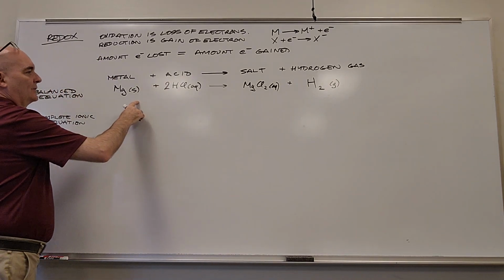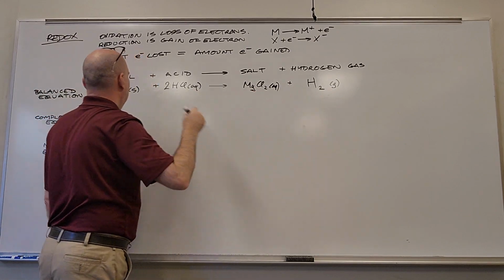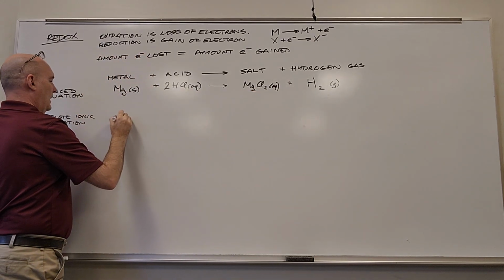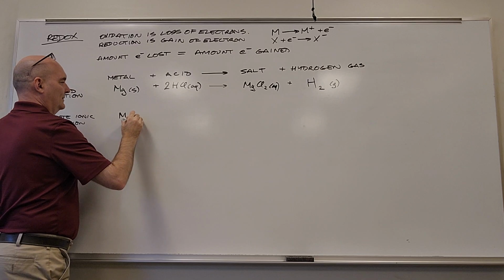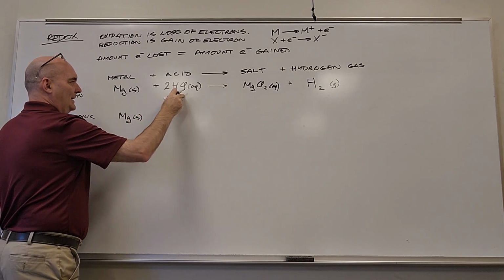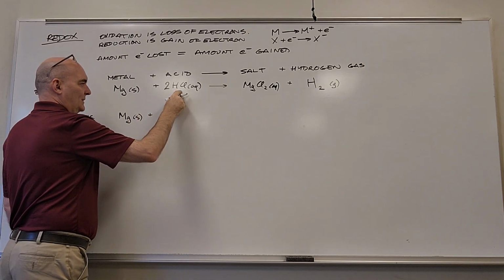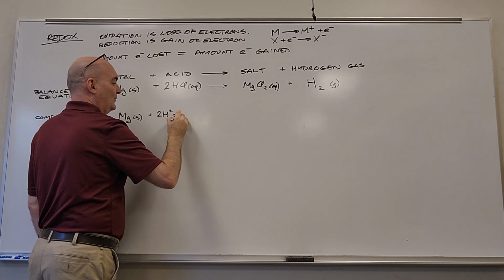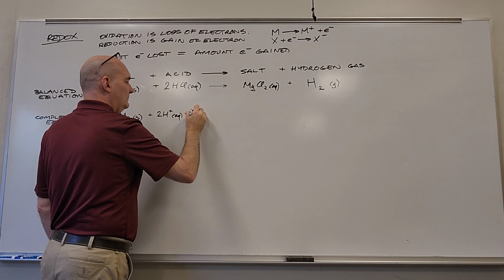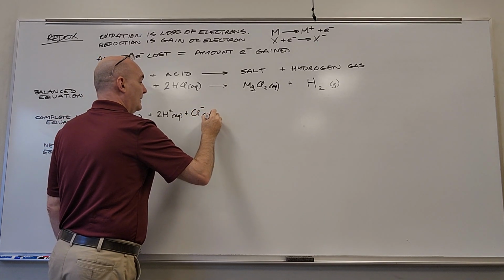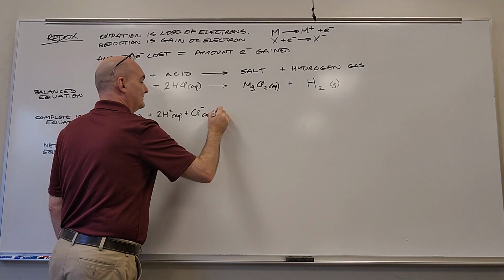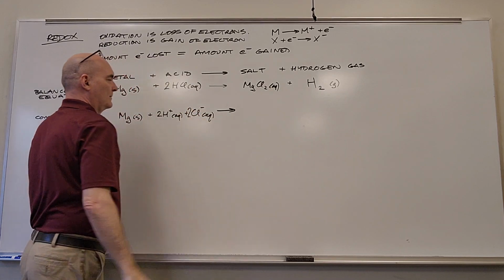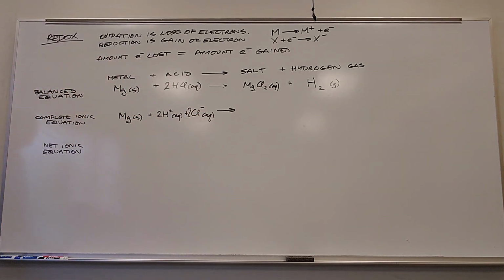Okay, solid, aqueous, aqueous, gas. In the complete ionic equation, you take anything that's an ionic material that is dissolved in water and you ionize it. And you let it be the electrolytes. So my 2 equivalents of hydrochloric acid don't exist.